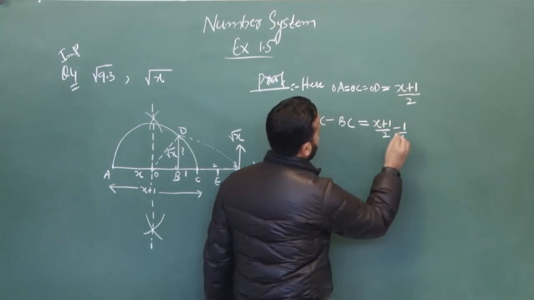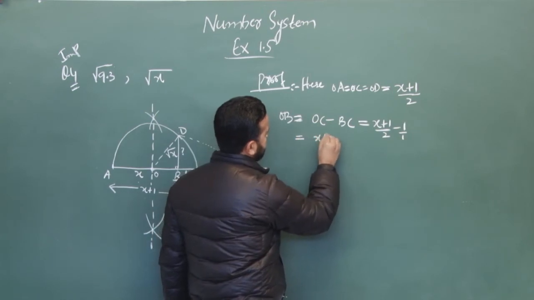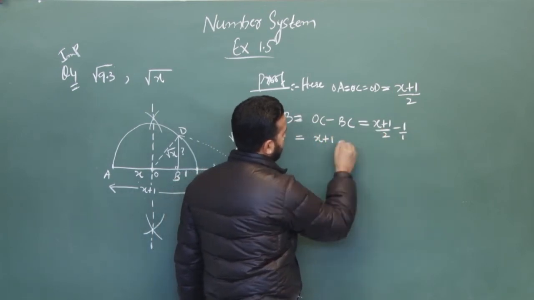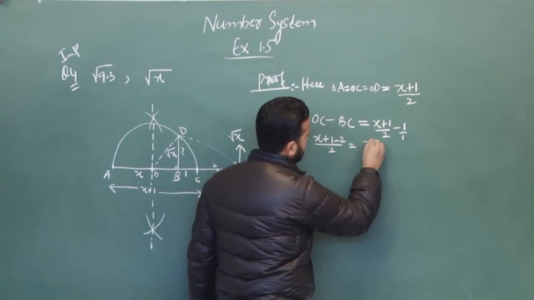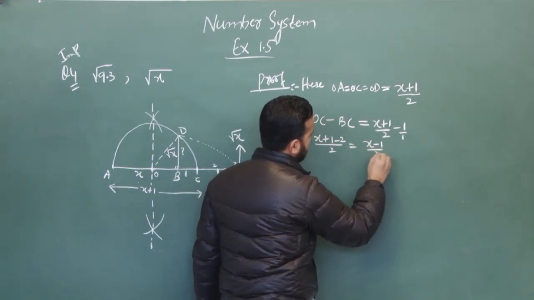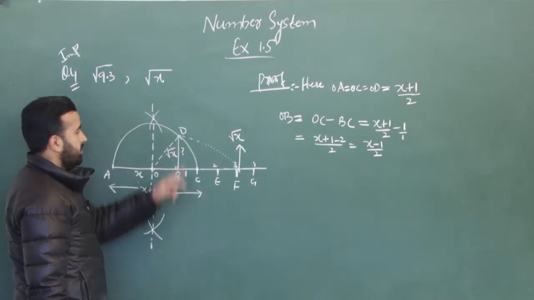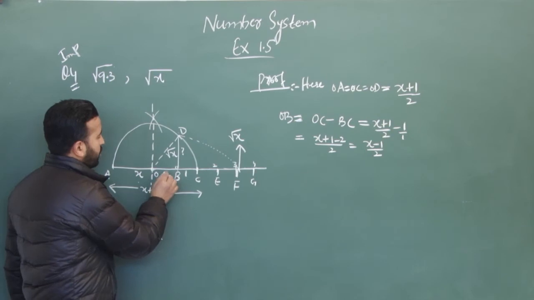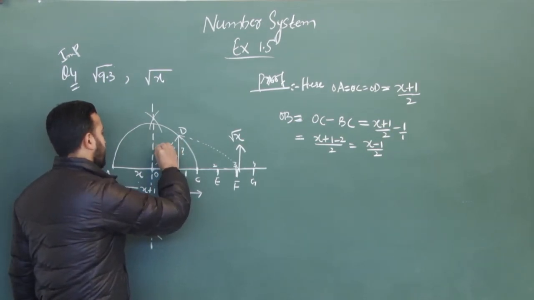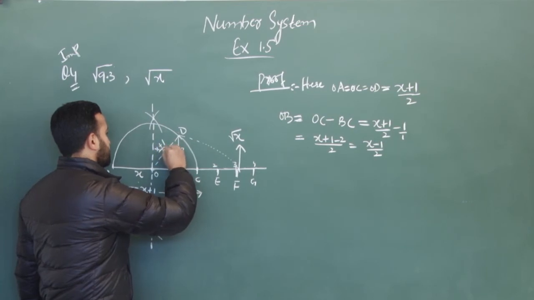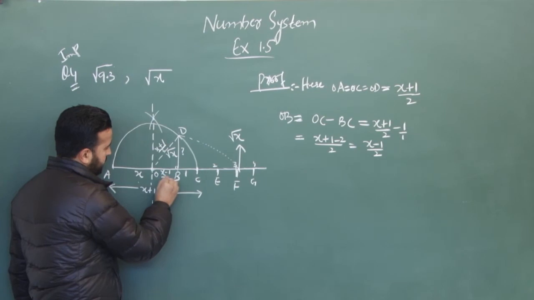Now we can simplify this like this. It will be x plus 1 minus 2 divided by 2. So in short, this will be equal to x minus 1 divided by 2. Now we have got a right triangle OBD in which we know the hypotenuse, that is x plus 1 by 2, and the base, that is x minus 1 by 2.